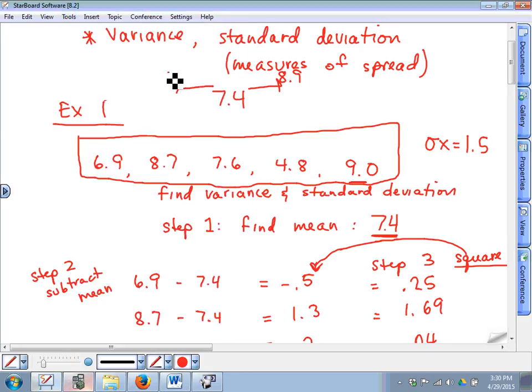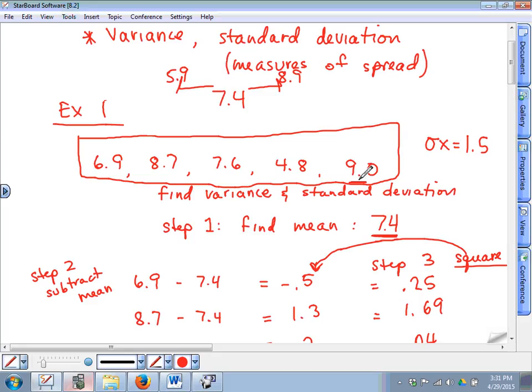So one standard deviation of the average for this set of data would be between 5.9 and 8.9. So if you look at our list here of 5 numbers, does every single number on this list fall within one standard deviation of the average, or of the mean, 7.4?